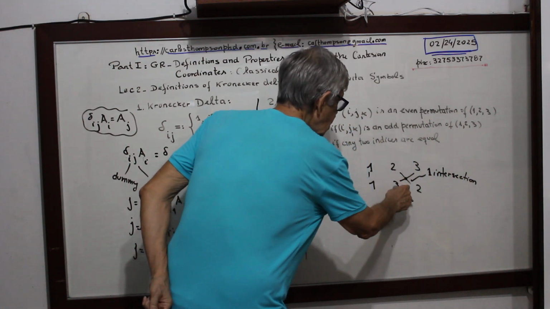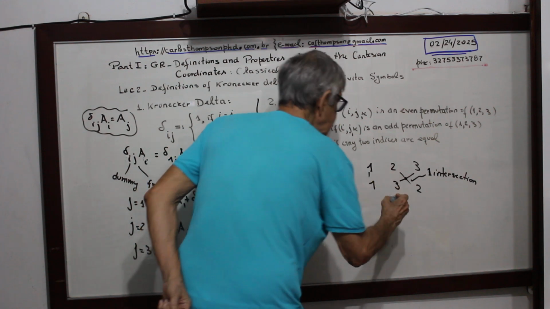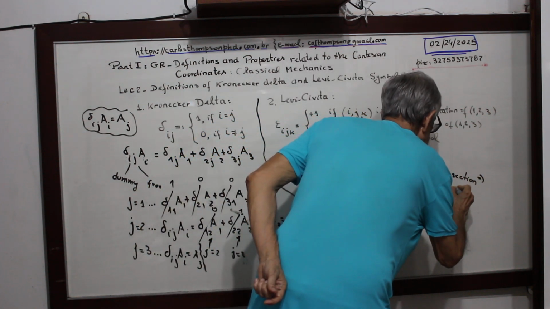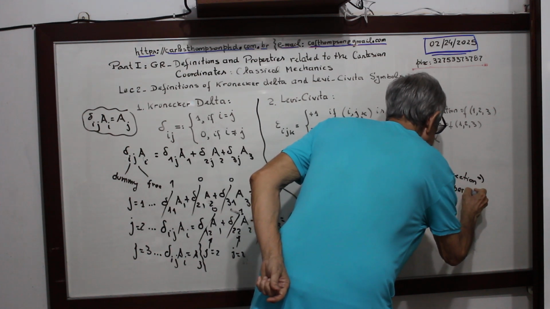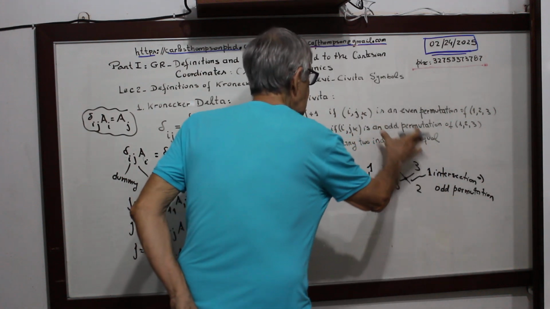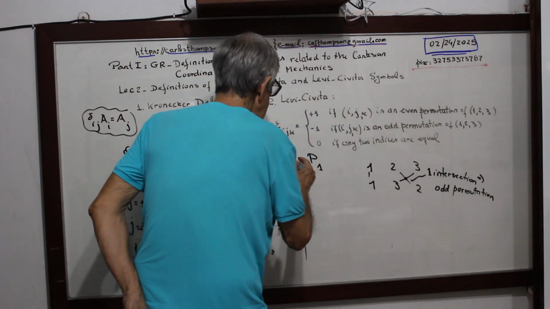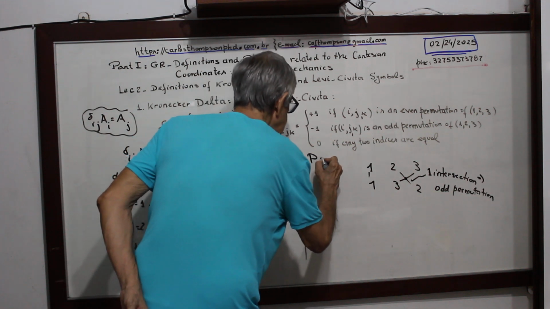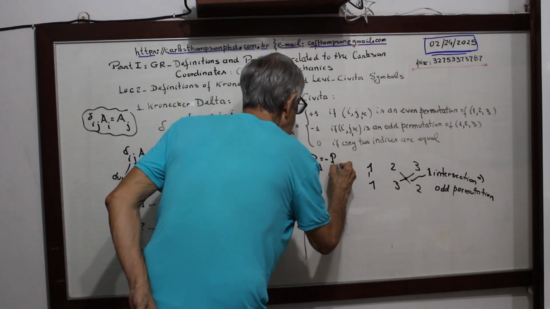So this implies an odd permutation. Since it's an odd permutation, this value here is -1. So this is -1.